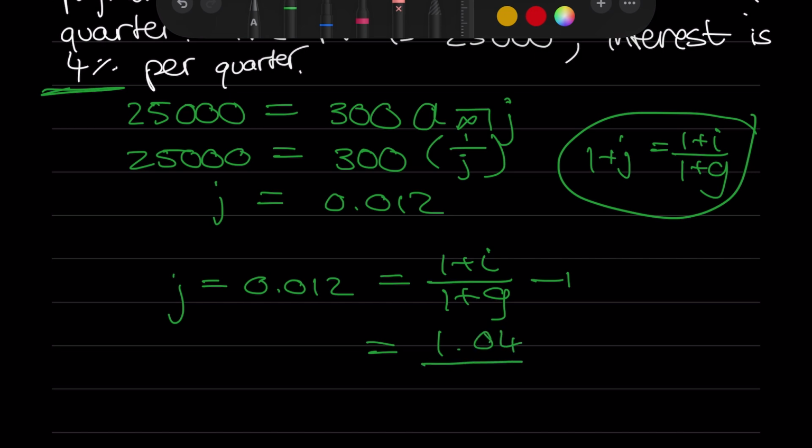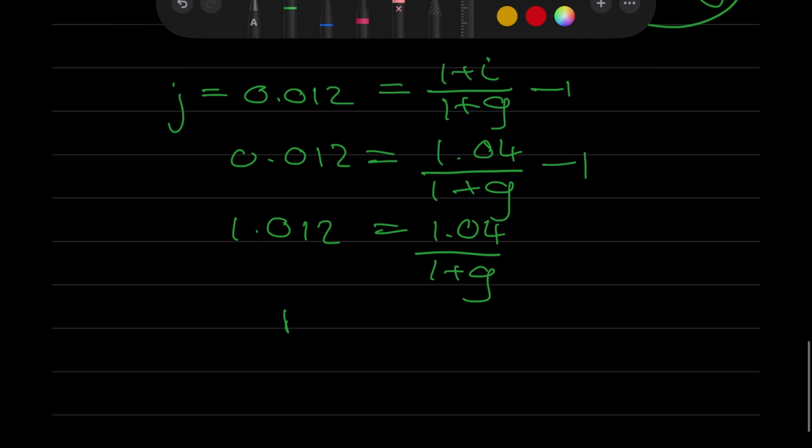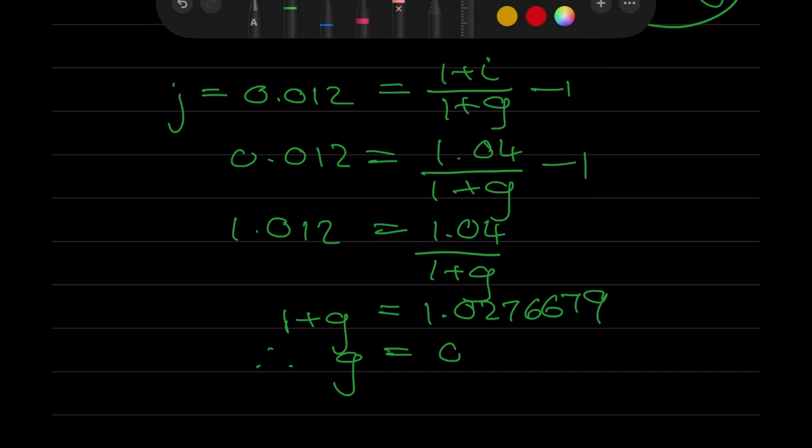That's 1.04 over (1 plus g), minus 1. Now we just do some math. And that's our answer.